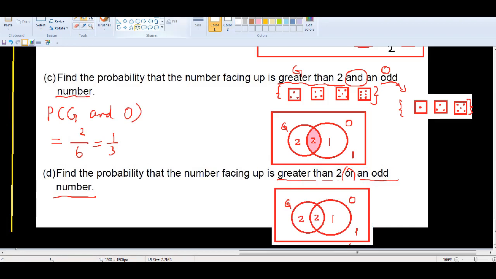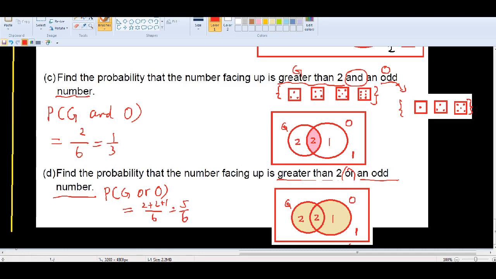So this time we're going to see greater than 2 or an odd number. That means you need to highlight all areas in the 2 circles. So that's the probability of or: 2 plus 2 plus 1 over 6, so 5 over 6.